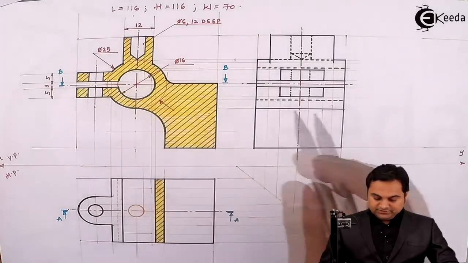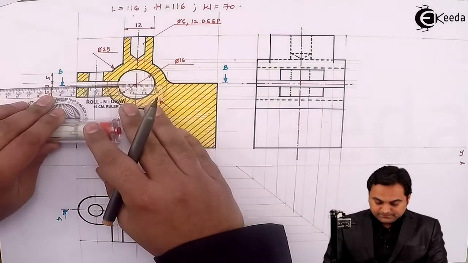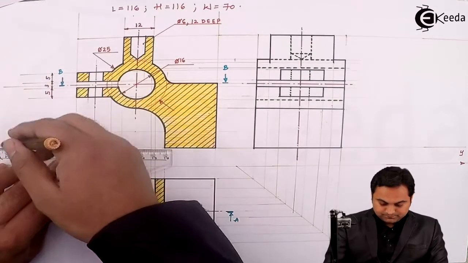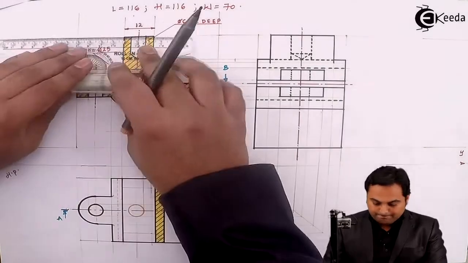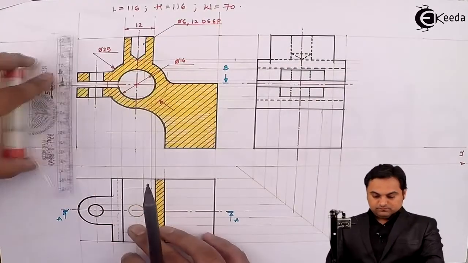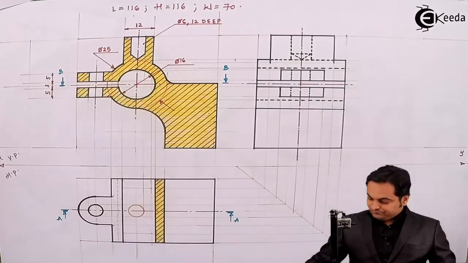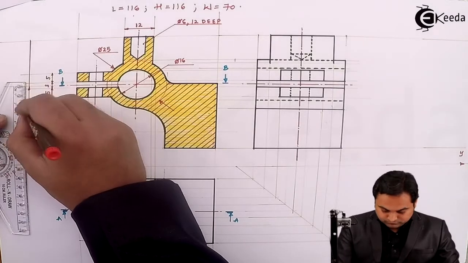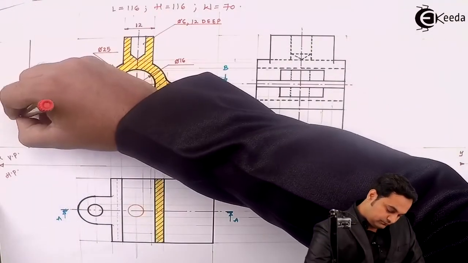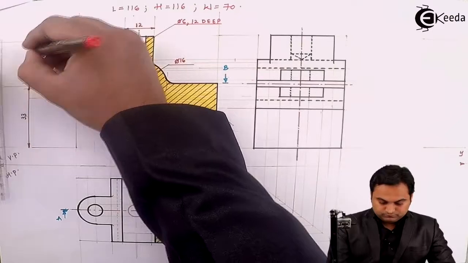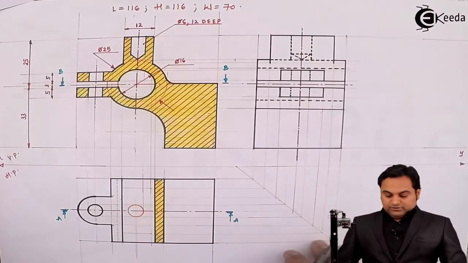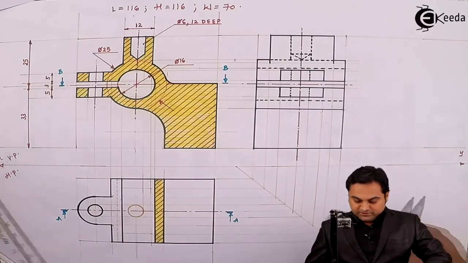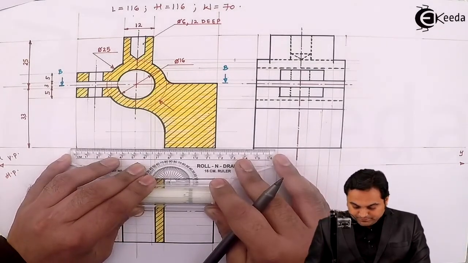Next, here the center is located at 33 mm distance from bottom. 33 mm and then 25 mm. Next, from here also the location of the center is 33 mm.